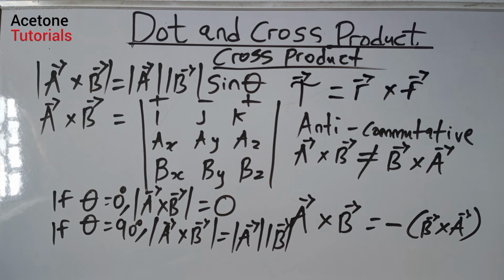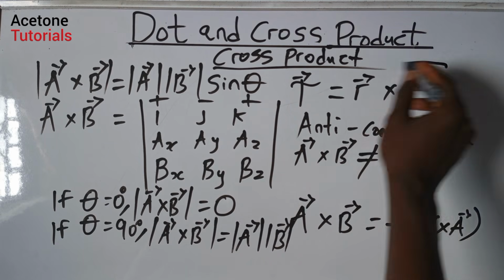If you know the position vector and the force vector, you can determine the torque by doing the cross product of the position vector and the force vector. It is R cross F, not F cross R, because cross product is anti-commutative. So if you switch it, you get a negative value. So R cross F, you have to be very careful.